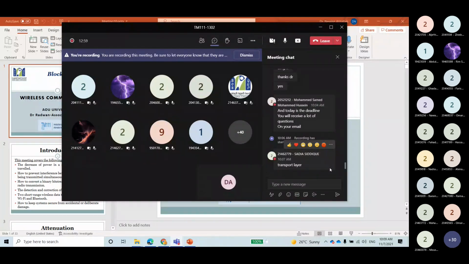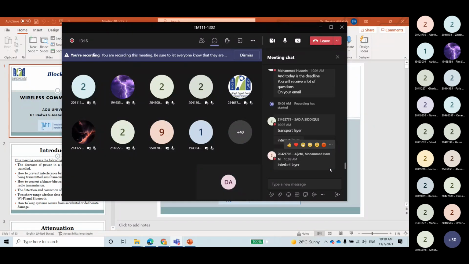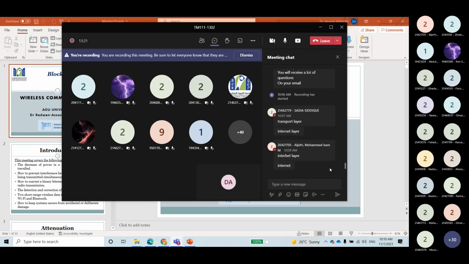For the IP, it is the protocol of what layer? The IP, the protocol for what layer? Yeah, the internet layer. Good. So what is the role of the IP, the internet protocol?